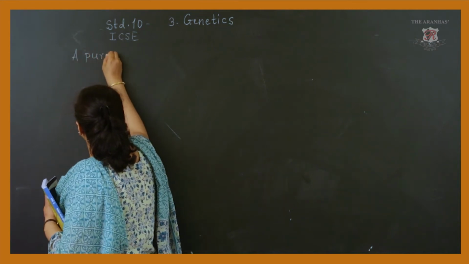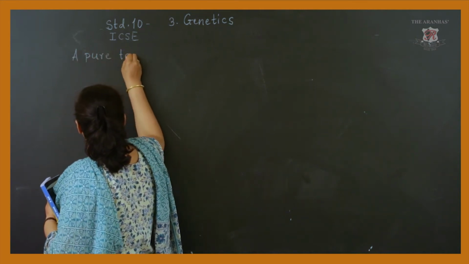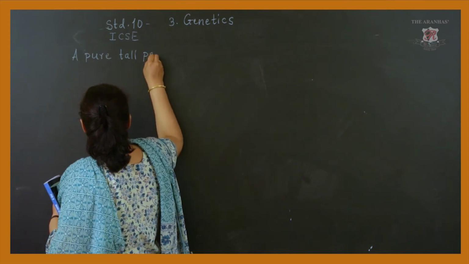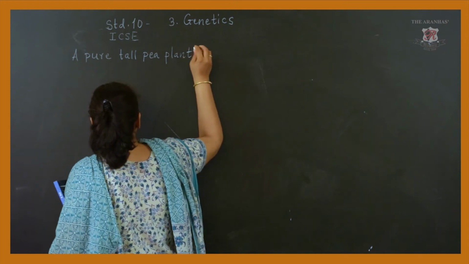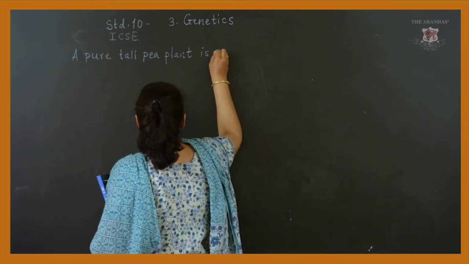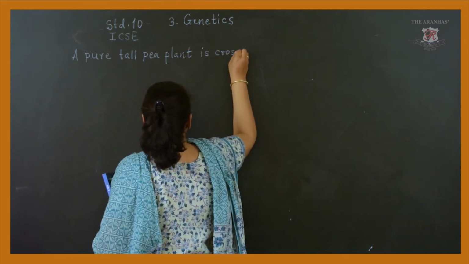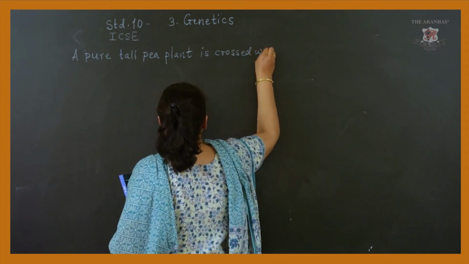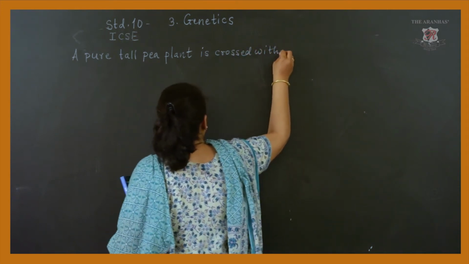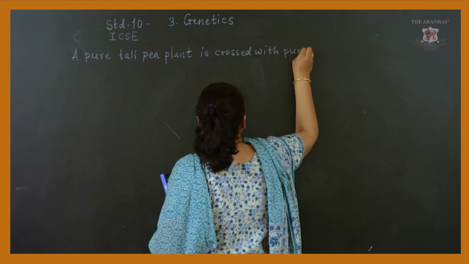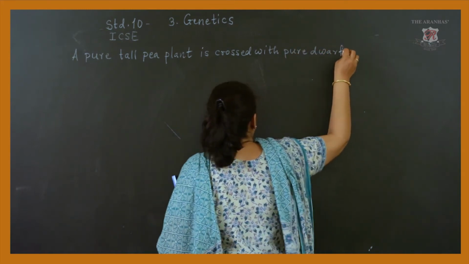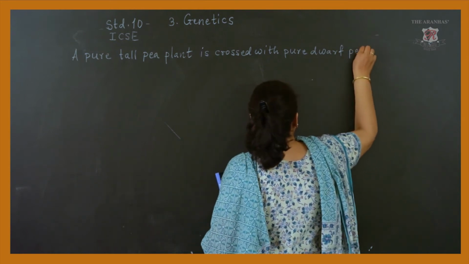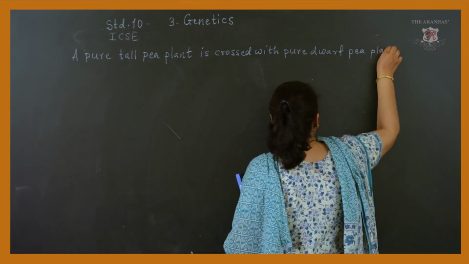A pure tall pea plant is crossed with a pure dwarf pea plant.